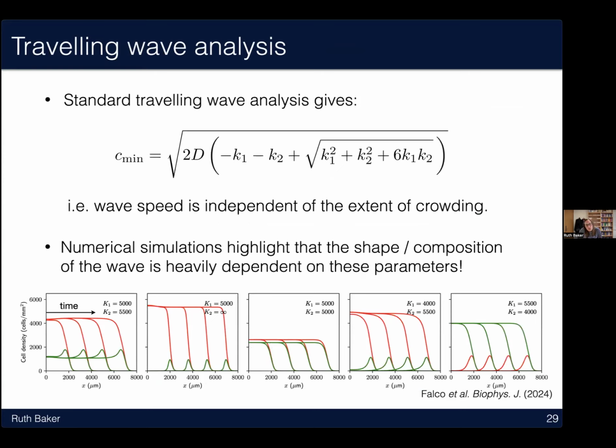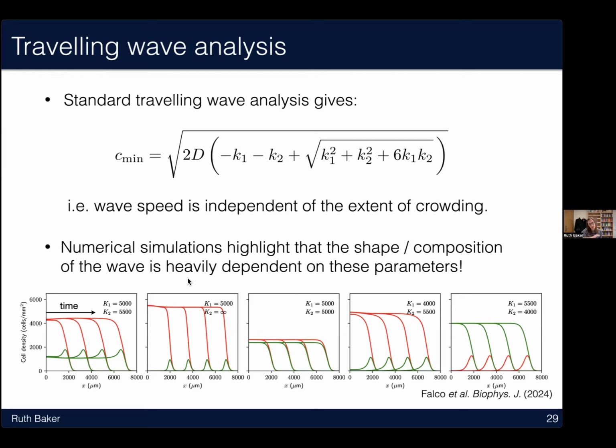Other things that you can do with this model is a standard traveling wave analysis, and you can make a prediction for the wave speed, and you can show that effectively that doesn't depend on these crowding parameters, but only on the rate coefficients, essentially because this is all based at the front of the wave where the extent of crowding is minimal.